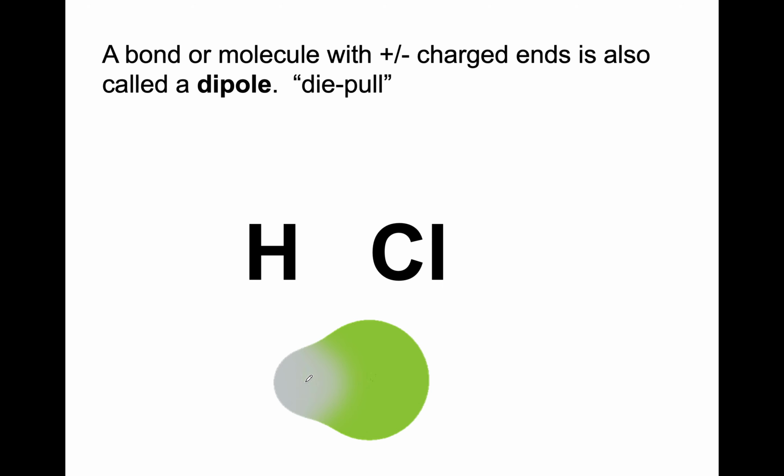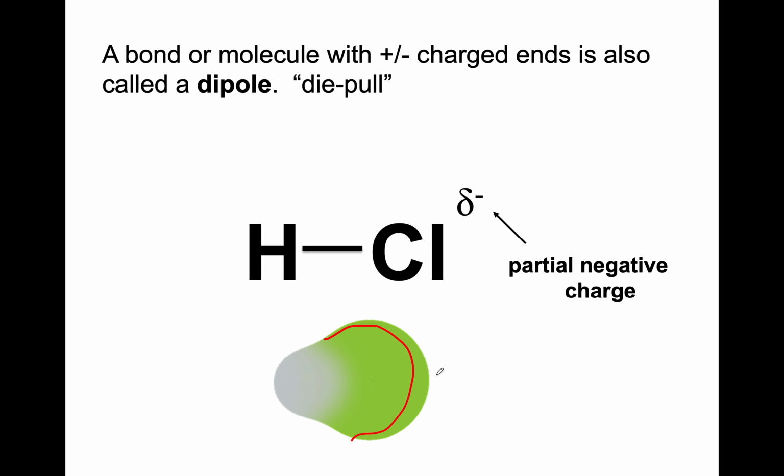It's called a dipole. For example, hydrochloric acid, hydrogen chloride. The chlorine, which is more electronegative than the hydrogen, is going to have a partial negative charge. You notice this electron cloud over here where most of the electrons are spending their time, whereas the hydrogen is going to be partially positive because the electrons aren't spending as much time around hydrogen.